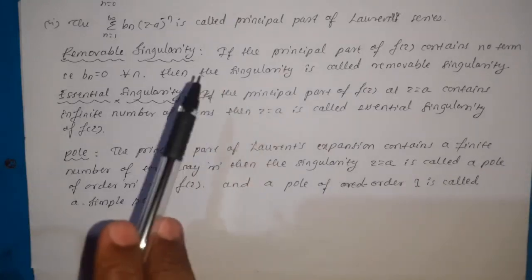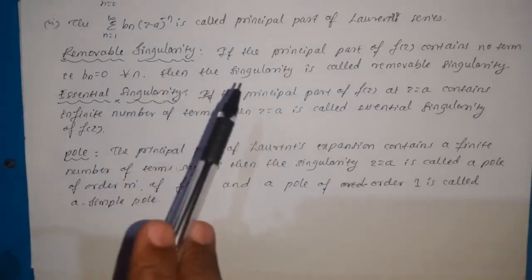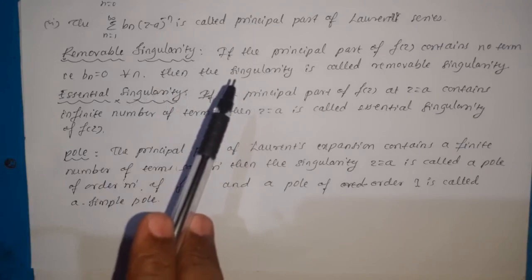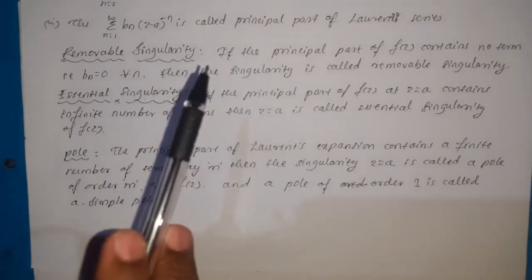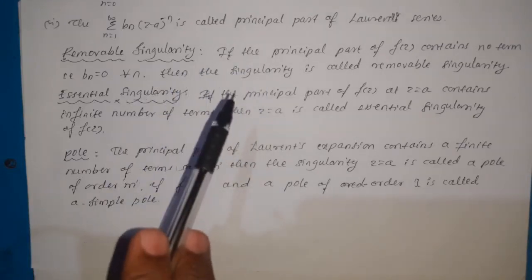Means the number of terms in that principal part will decide the order of the pole, such that order of 0 means that is the power of the term in the numerator of the given function, that is called the order of 0.